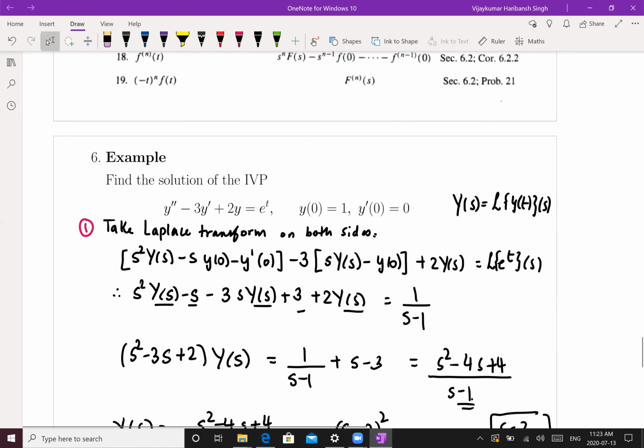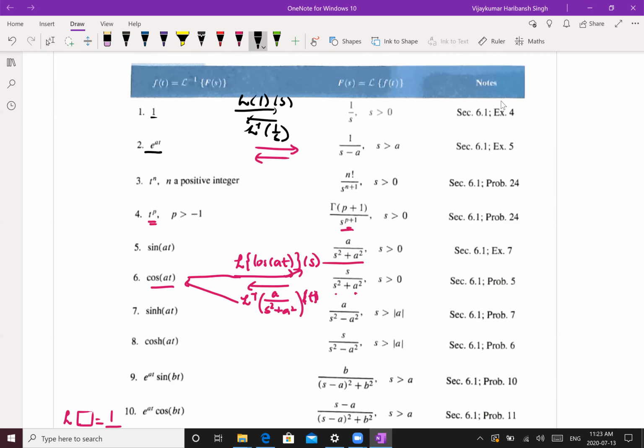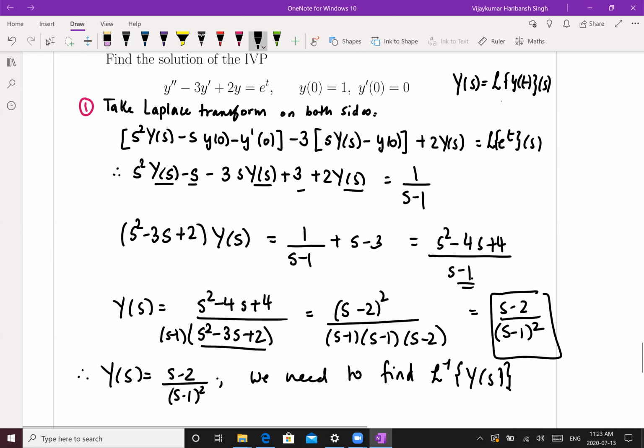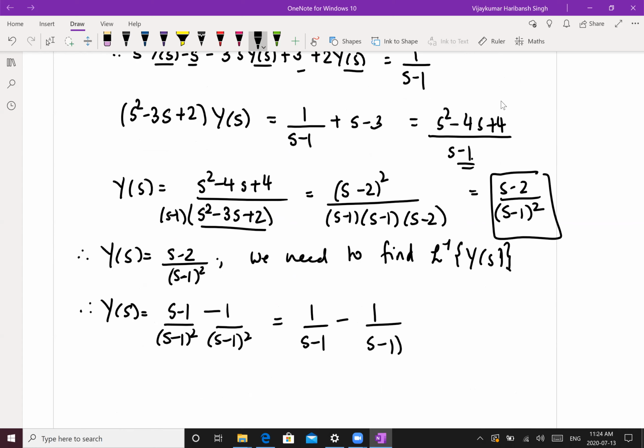So that won't work. One way it will work is perhaps if you could break it in this format. So let's see, is that possible? I can break y(s) as (s minus 1) divided by (s minus 1) squared minus 1 divided by (s minus 1) squared. So this is going to be 1 upon s minus 1 minus 1 upon (s minus 1) squared.